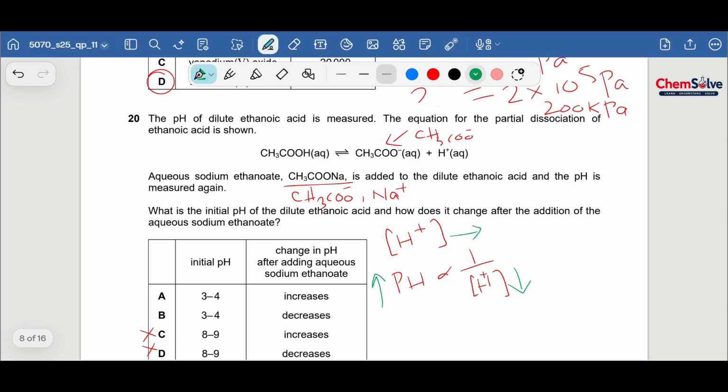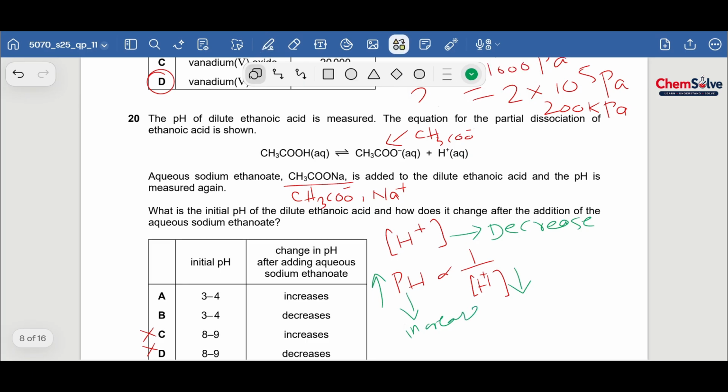So the concentration of H positive ion decreases, and a decrease in H positive concentration will increase the pH. So our correct option will be A. So the option will be A here.